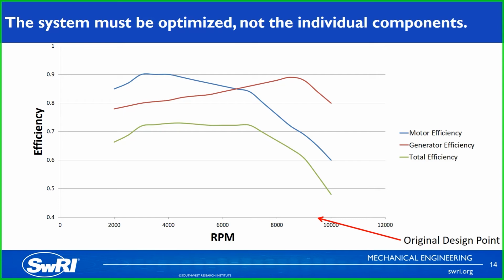These two components had two different efficiencies associated with them. The designers of the generator in particular were adamant that it should run at 9,000 RPM, or close to its optimal efficiency, or else we were going to have to add additional cooling to it and make our system a little bit more complex. Well, the motor that we had selected based on some other specifications really had a drop in efficiency out there.